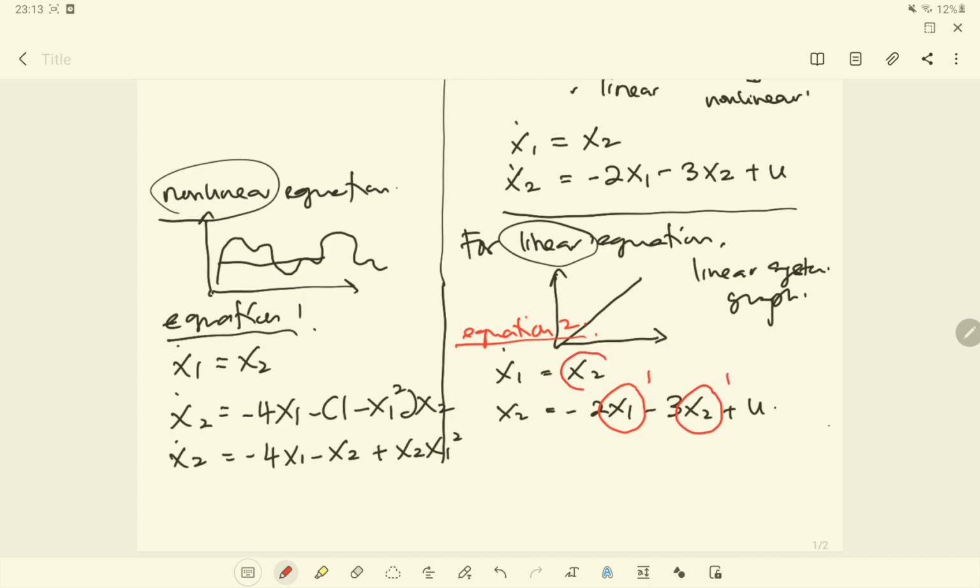And x2 dot equal to negative 4 x1 minus x2 plus x2 x1 squared: the power is 1, 1, 1, and here the power is 2.